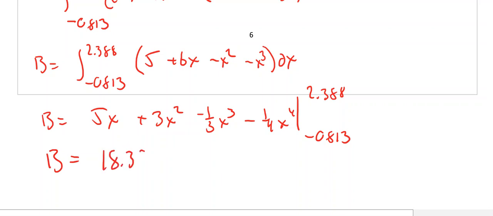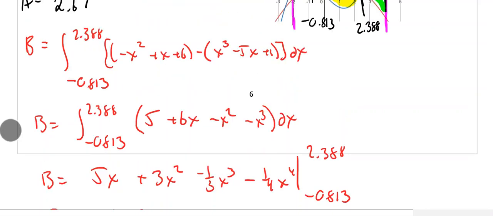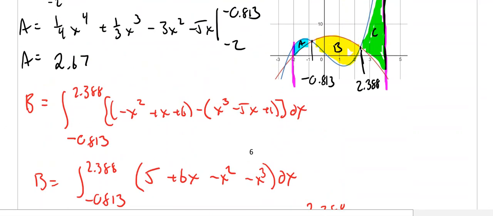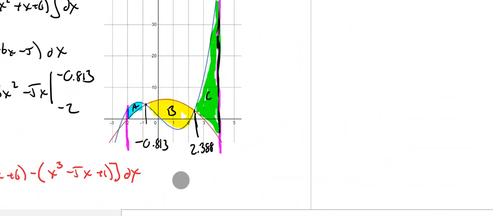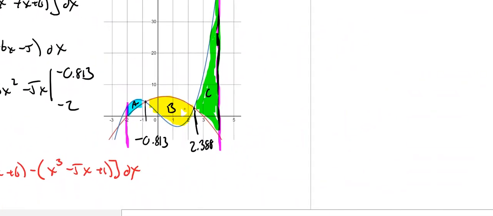All right, and then we've got the third area. Let me do that over on this side so we can keep the drawing in here. And the third area is just like the first area. For area C, we're going to have the integral from 2.388 to 4, and it's going to be the cubic on top again.